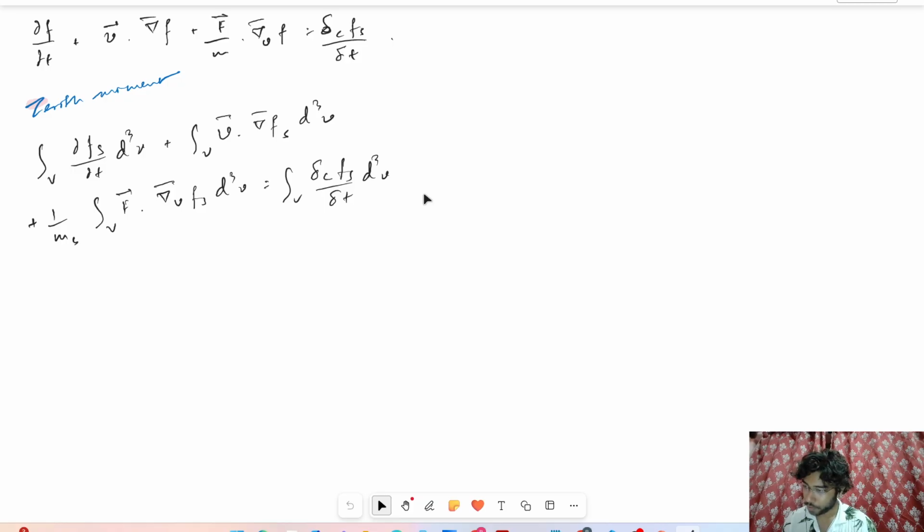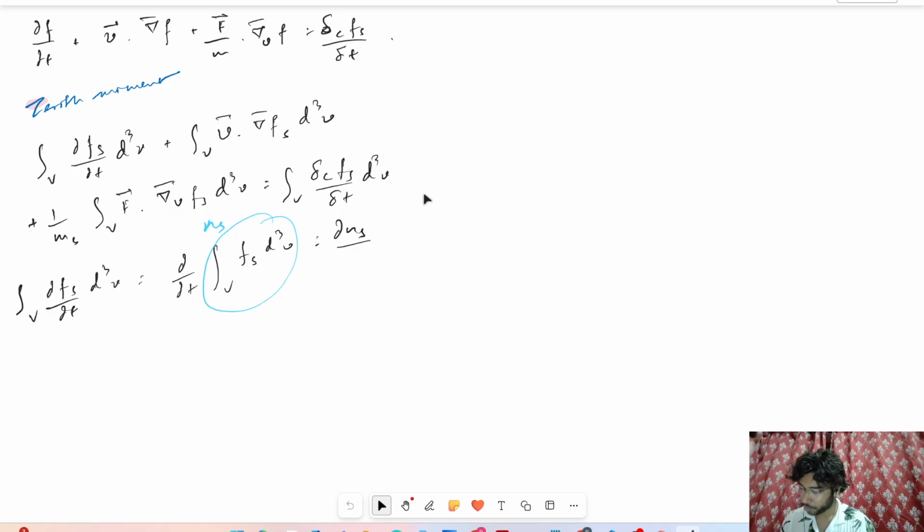If you see the first term, it is the integral of del f_s by del t d3v. This could be written as del by del t of the integration of f_s d3v. The inside part is just n_s by definition. So this will be del n_s by del t. Simple. So that's the first term.